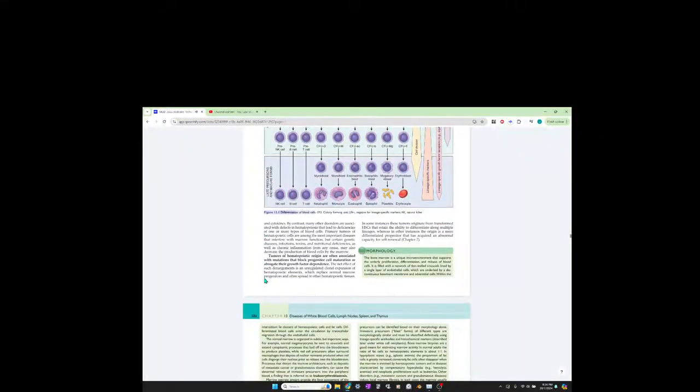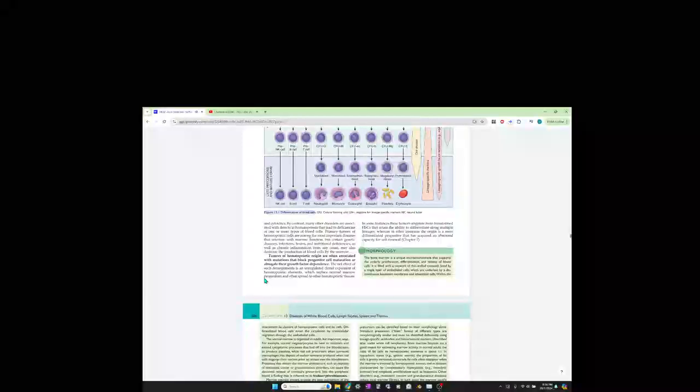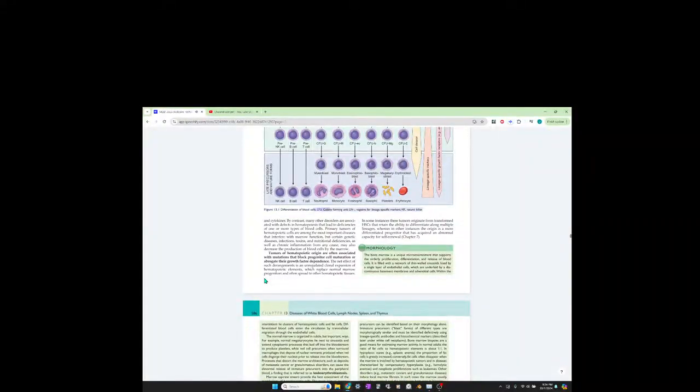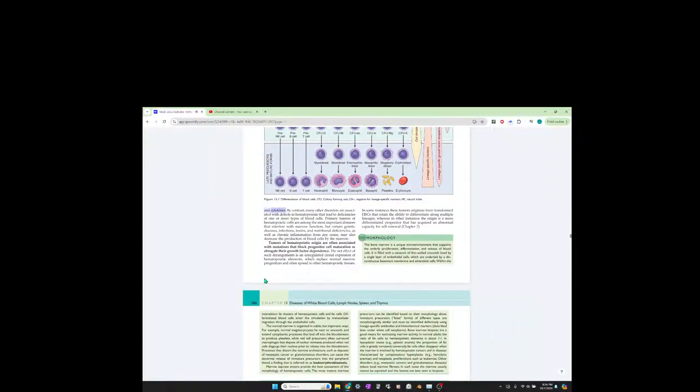Figure 13.1 Differentiation of blood cells. CFU, colony-forming unit; Lin, negative for lineage-specific markers; NK, natural killer; and cytokines.